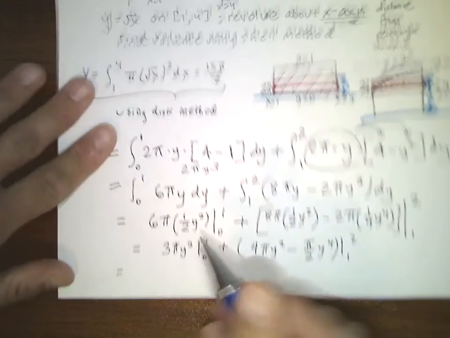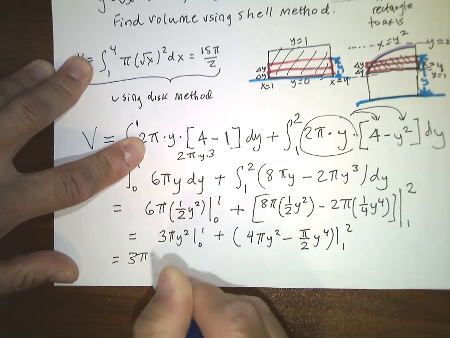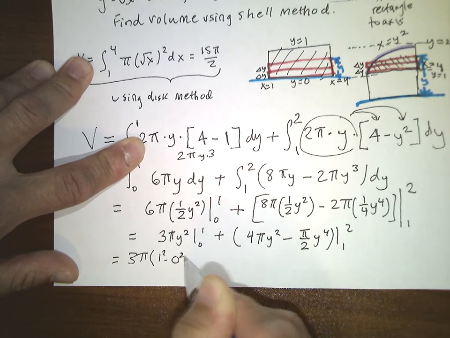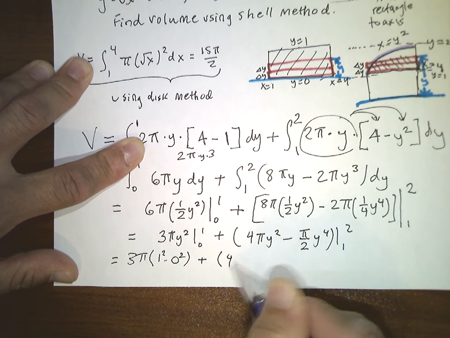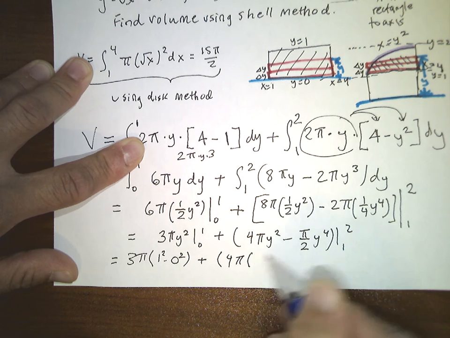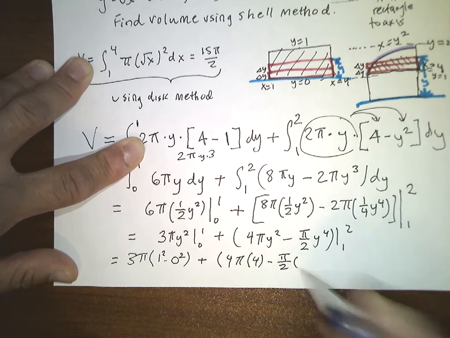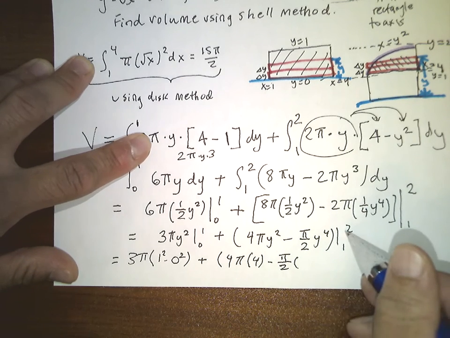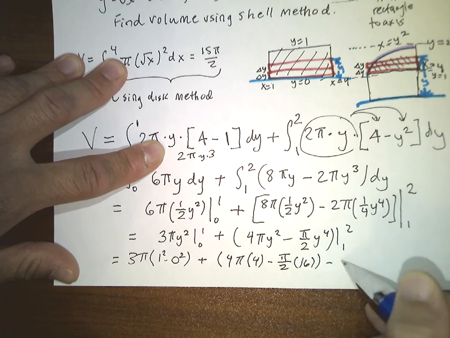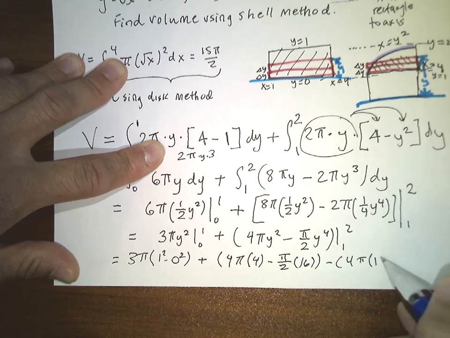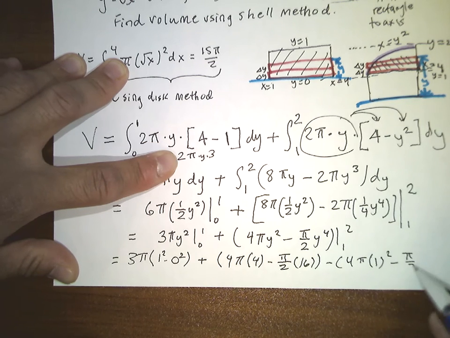So what do we have now? We have 3 pi times 1 squared minus 0 squared, plus we have 4 pi times 2 squared, right, which is 4, minus pi over 2 times the 2 to the 4th, which is 16, then minus, all right, 4 pi times 1 squared minus pi over 2 times 1 to the 4th.